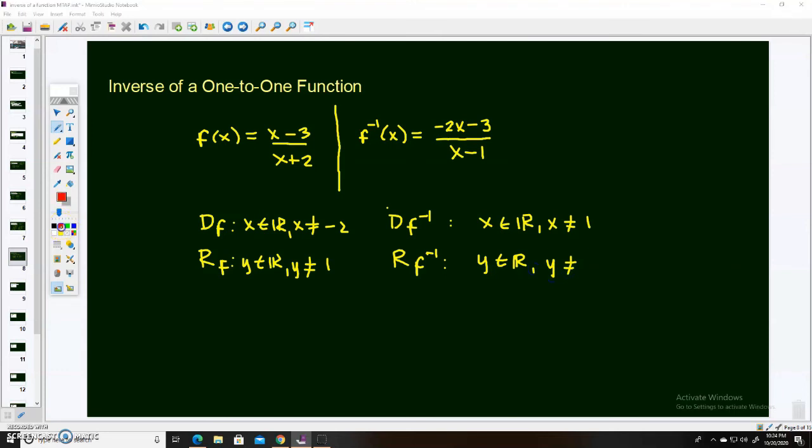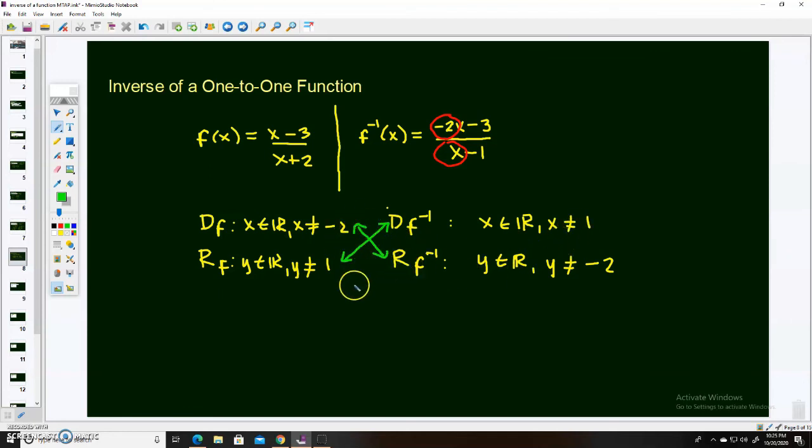So y cannot be negative 2. Notice that the domain of the function is the range of the inverse: x not negative 2, y not negative 2. And the domain of the inverse is the range of the function: y cannot be 1, x cannot be 1.